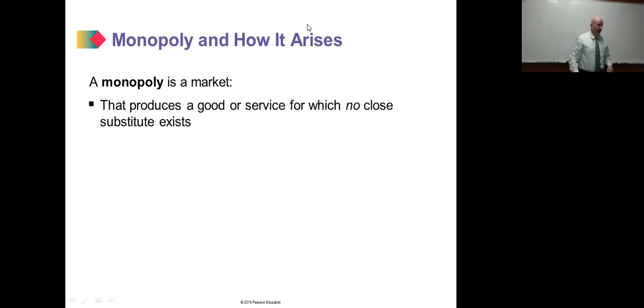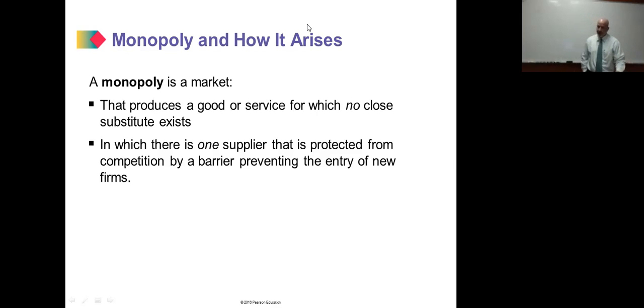All right, well, a monopoly, you're right. A monopoly is a market with a single firm that produces a good or service with no close substitute. Here we're going to have a market where there's one supplier that is protected from competition by a barrier preventing the entry of new firms.